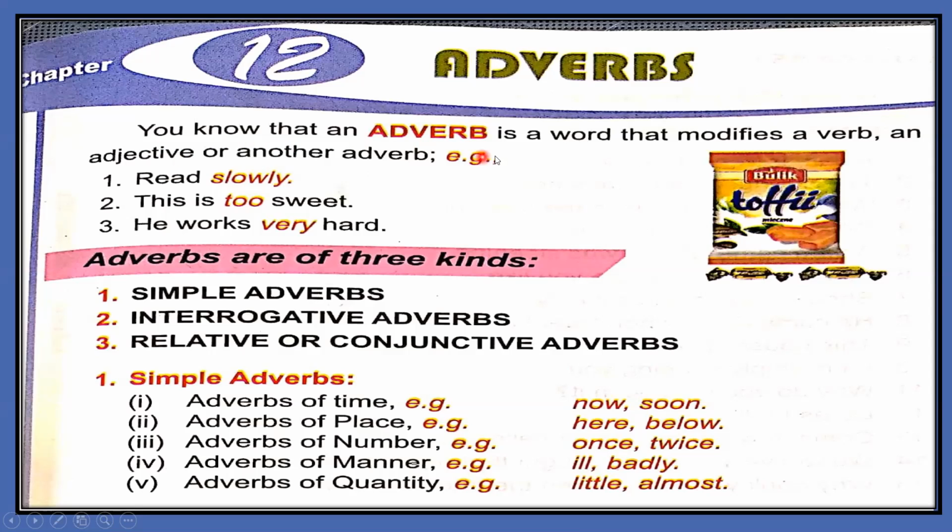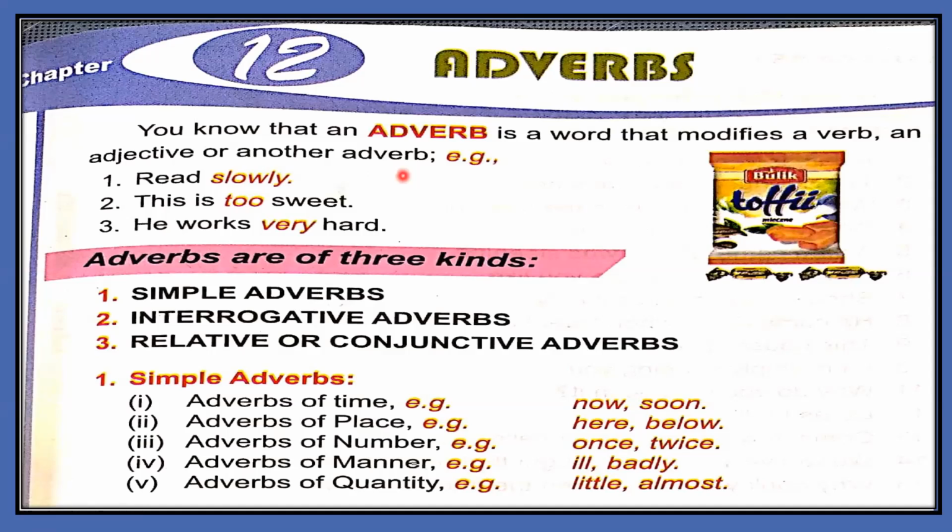An adverb is a word that modifies a verb, an adjective, or another adverb. Again, an adverb is a word that modifies a verb. Not only does an adverb modify a verb, it also modifies an adjective, and it also modifies another adverb as well.